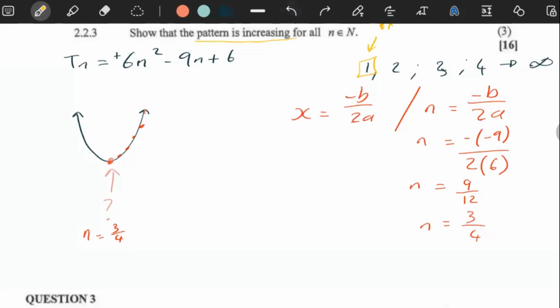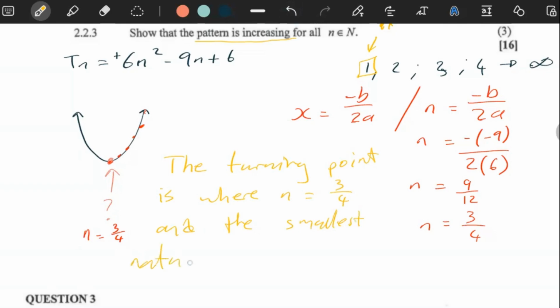But without overcomplicating this, here we can easily put it in words. The turning point is where n is 3 over 4, and the smallest natural number is 1.